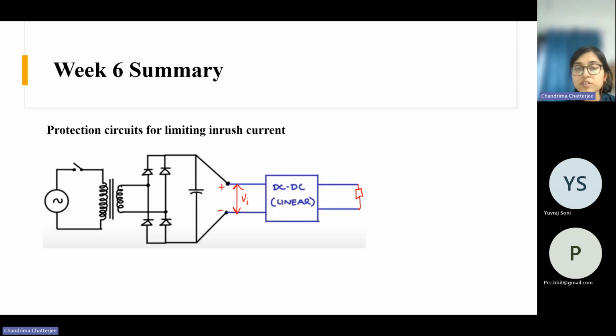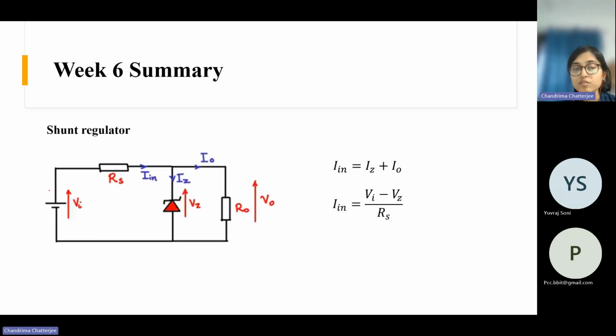Just for the ease of analysis, we shall denote it as a battery like this, and this is the Vi voltage. Afterwards, we have this series element, a resistor, and this is the shunt element. This we call a Zener diode. Okay, this symbol. You can see this looks like a diode, right? But a normal diode we denote like this.